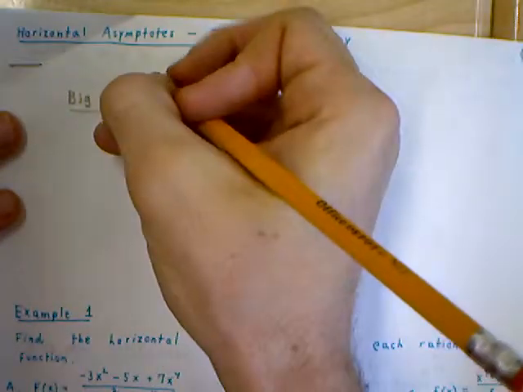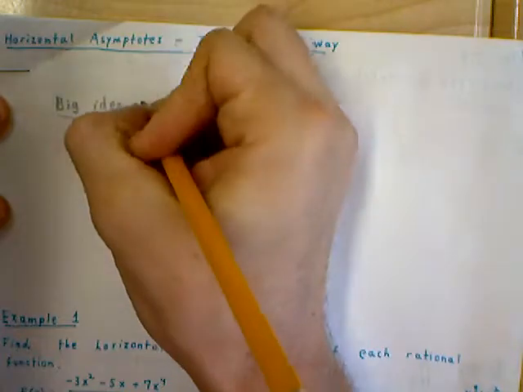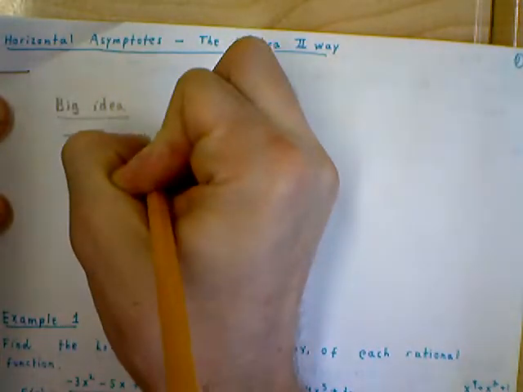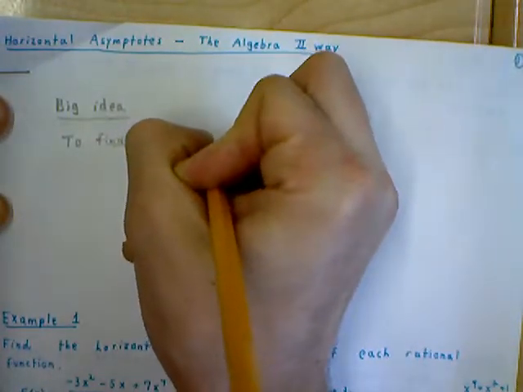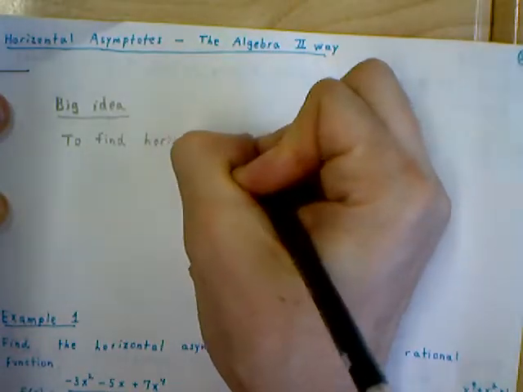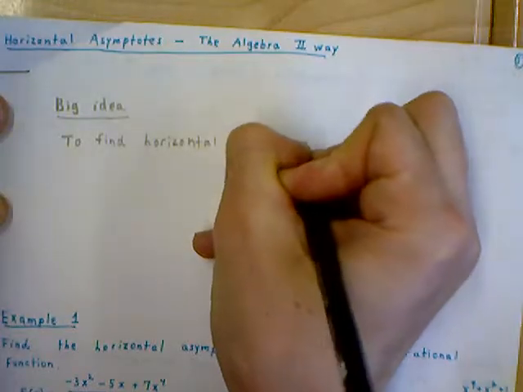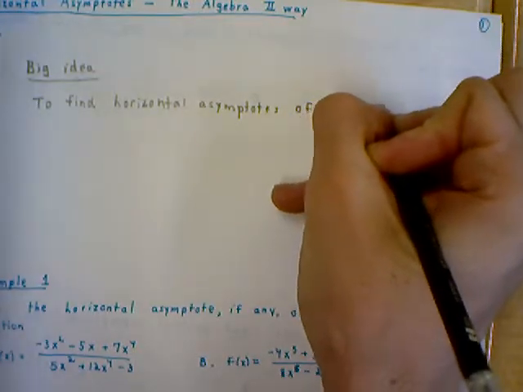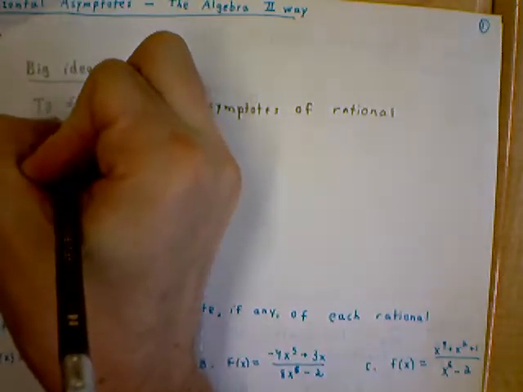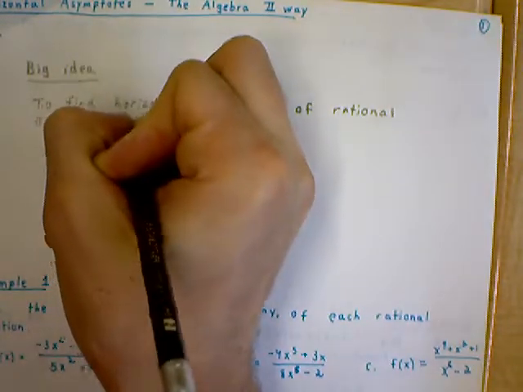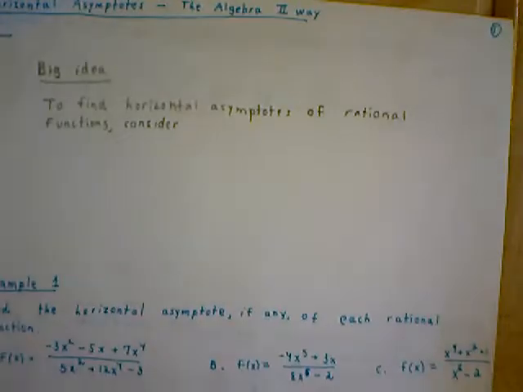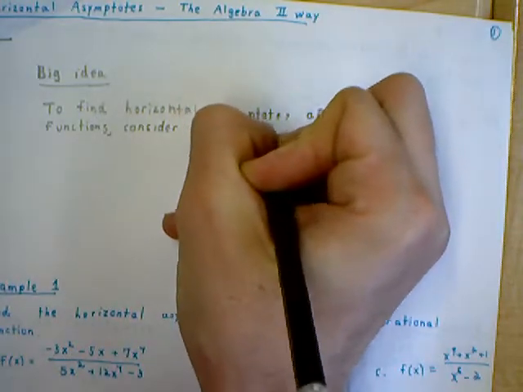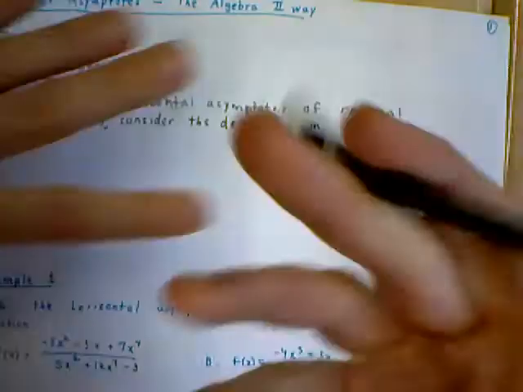Alright, for rational functions, to find horizontal asymptotes of rational functions, consider the degree of the numerator and the degree of the denominator.